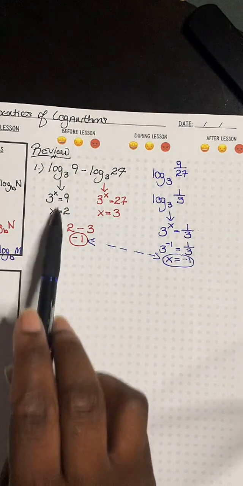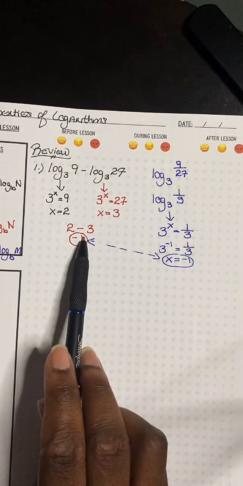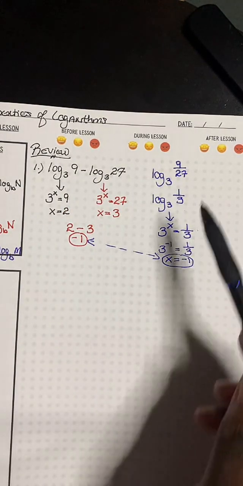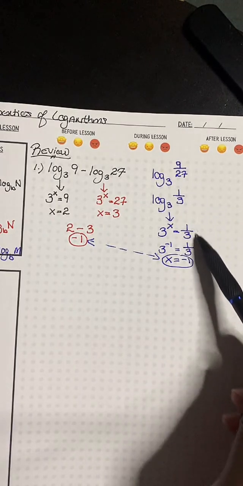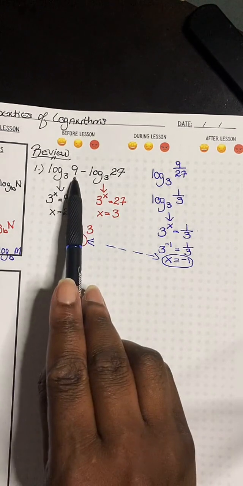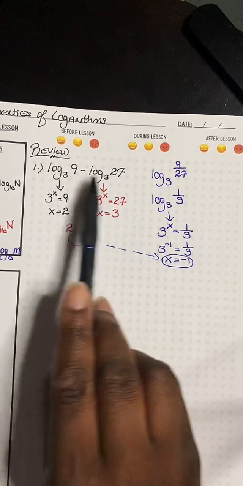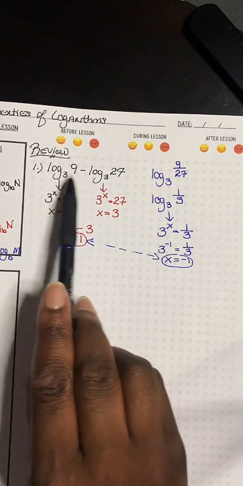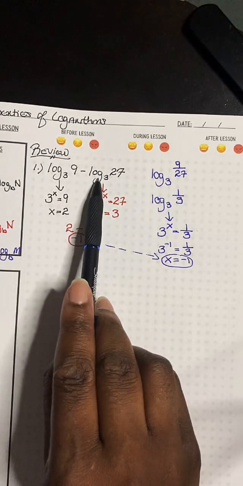So there are two ways that you can solve it. You can either simplify, then do your subtraction, or you can do what's called the quotient rule. You take your 9 over your 27, since they both have the same base and the same type of log.